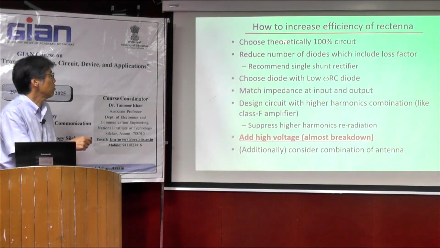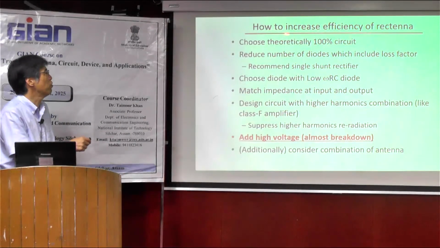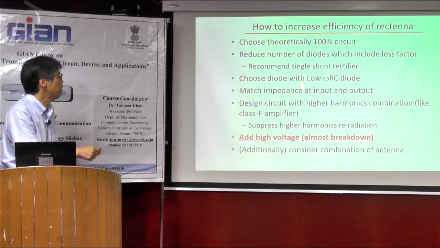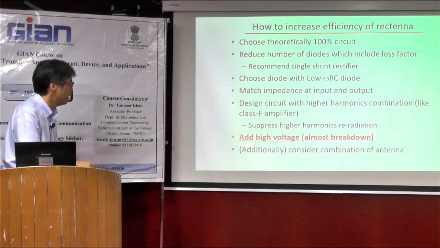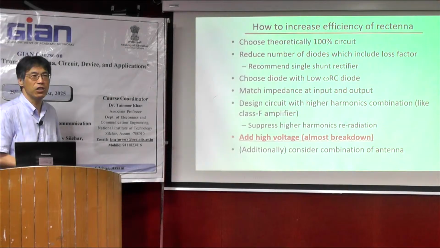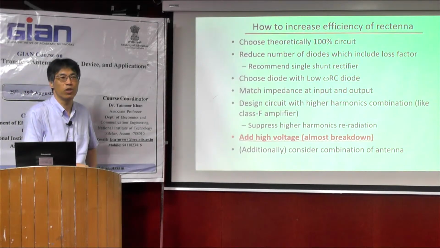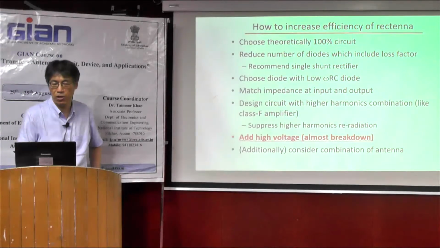So, again, I explain how to increase the efficiency of the normal rectenna. I explained a lot of ways, but the most important point here is a high voltage, even if input power is very weak. So this high voltage adding circuit is most important for the energy harvester.